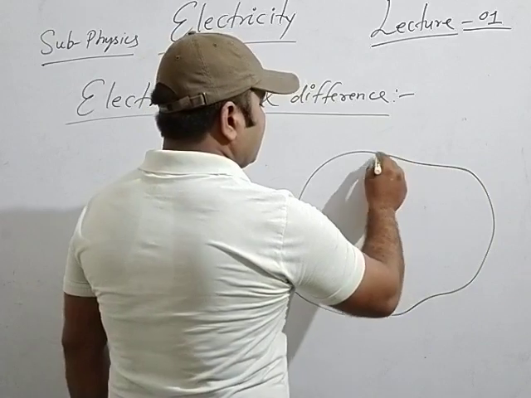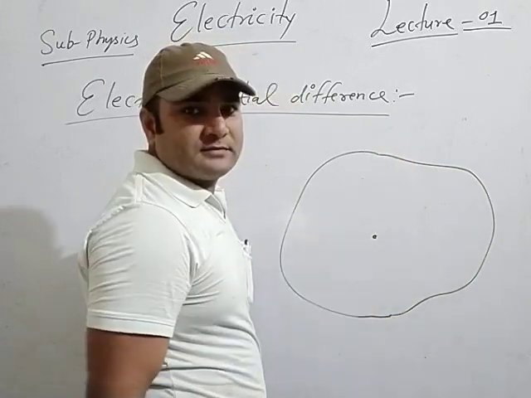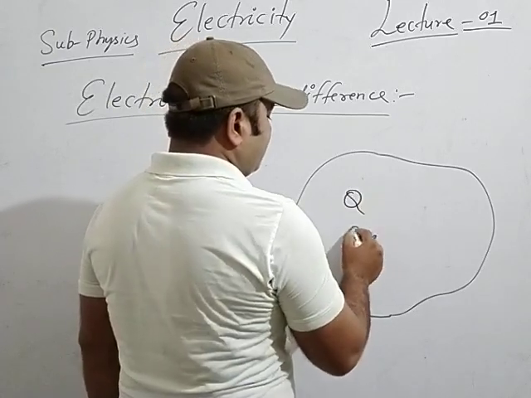Here, taking electric field due to source charge. Here this one Q at point O, that is what?